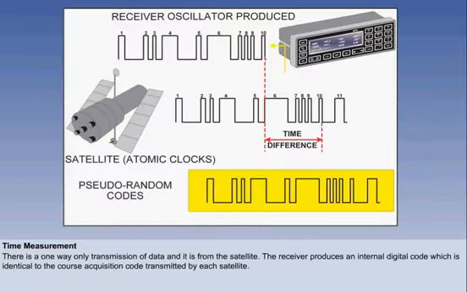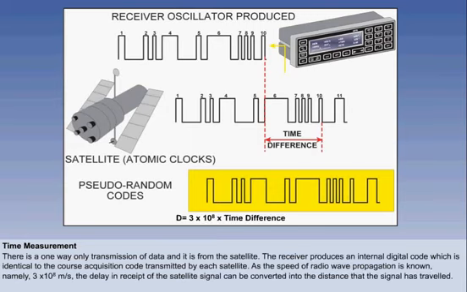If the satellite transmission and the internally generated code started at the same time, the time difference between the end of the internally created code and the receipt of the end of the satellite code could be measured exactly.